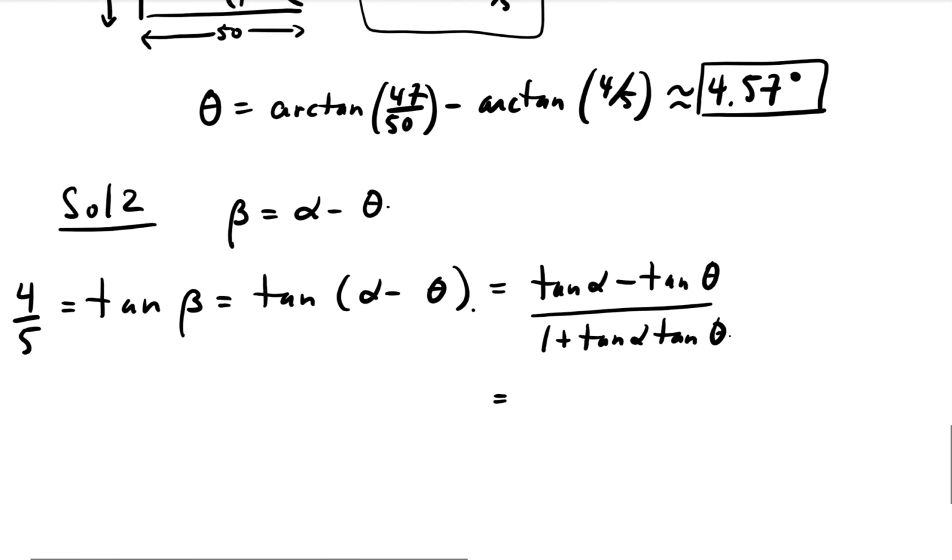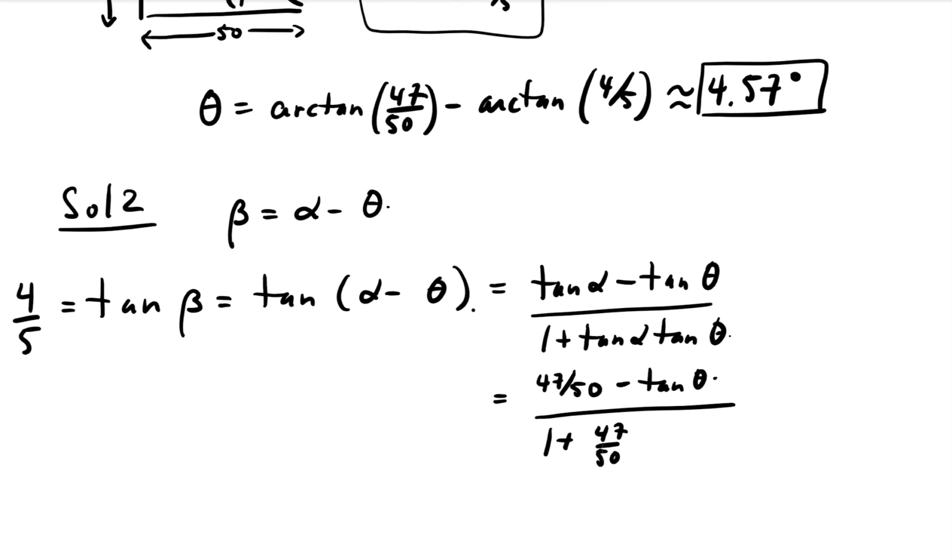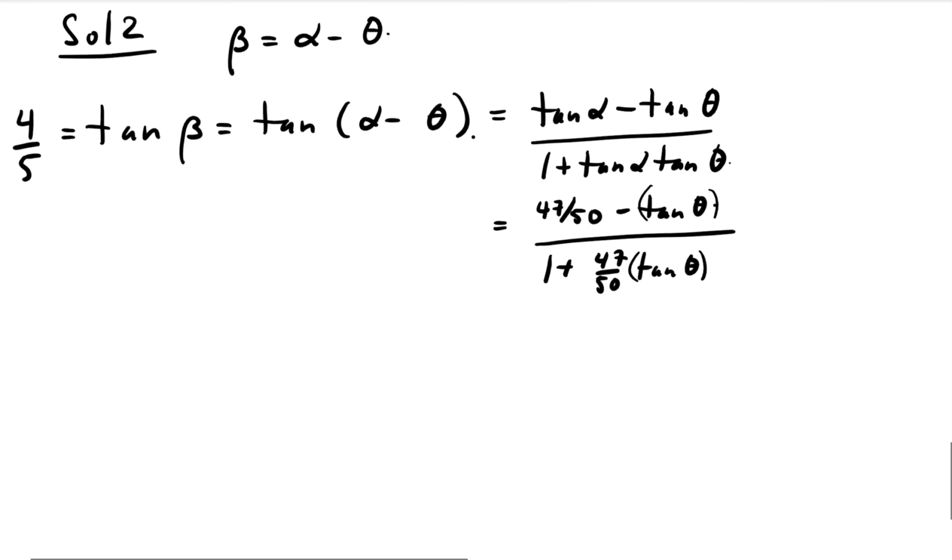So as you can see, this solution is not super efficient, but it's kind of cute because it uses the formula we just introduced. Tan of theta is unknown because theta is not known to me. This is 47 over 50 minus tangent of theta. So as you can see, basically what I get is an equation involving my unknown theta, and I'm going to solve that equation.